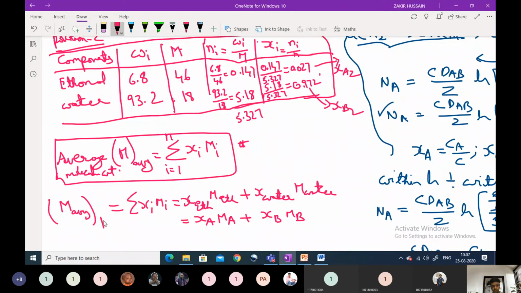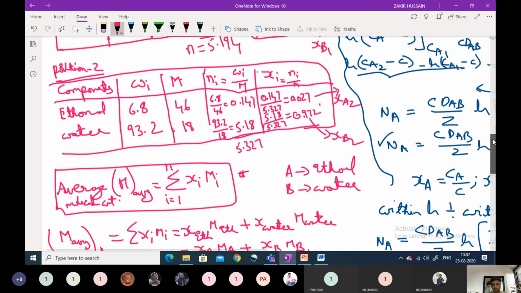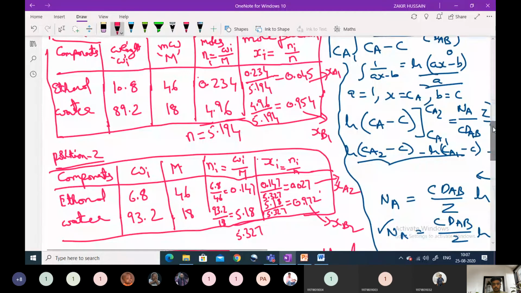Since all are at position 1, we take xa1 ma1 plus xb1 mb1, where a is ethanol and b is water. For position 1, we go to the top side where we already solved the values: xa1 is 0.045 and xb1 is 0.954.